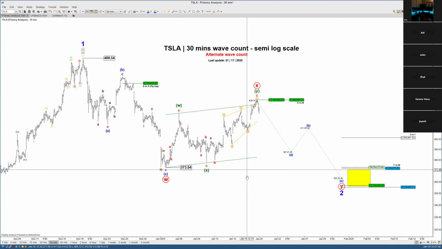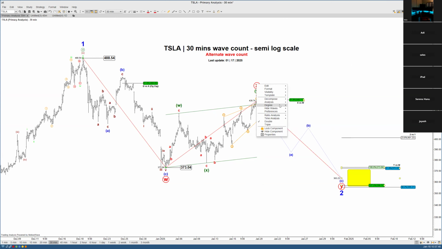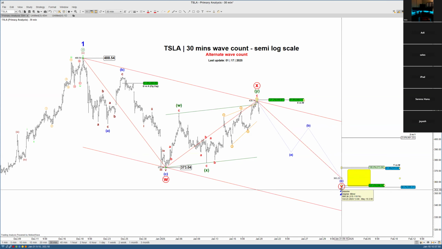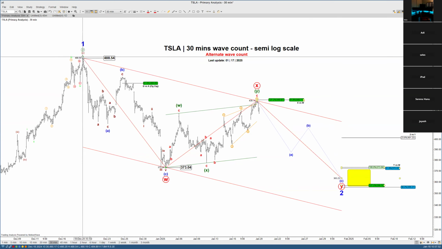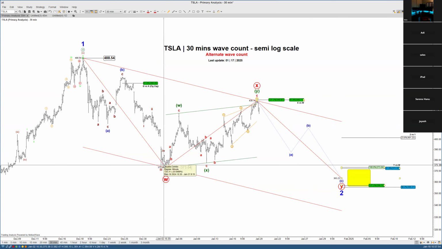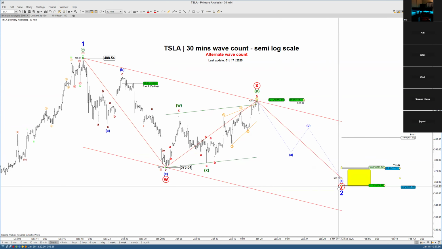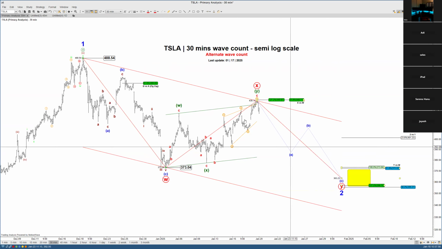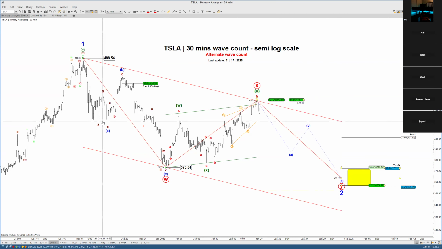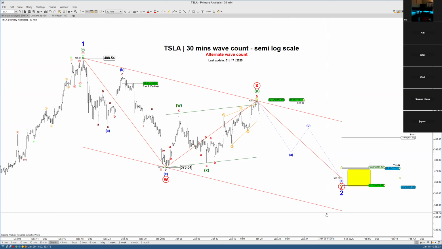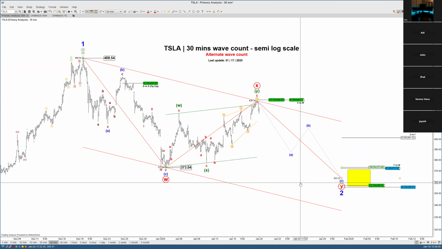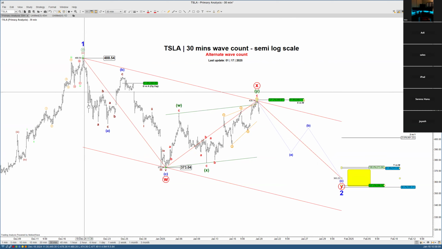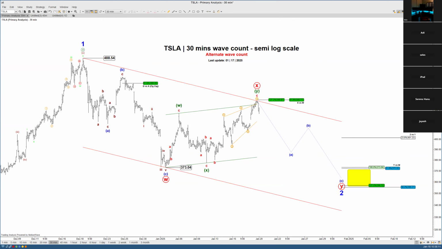But the overall relationship of a Y is, if you have an extended W, you're gonna have a shorter Y. When you have a smaller W, you're gonna have an extended Y. Just remember those two things, or you should write it down as well. What I mean by that is this.